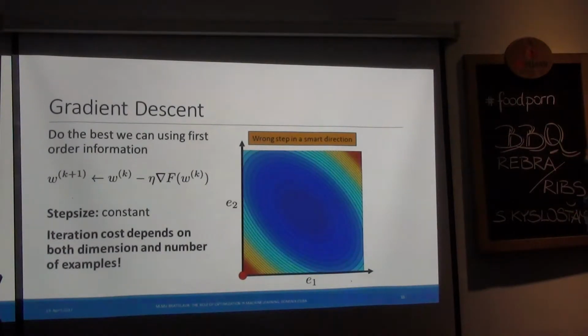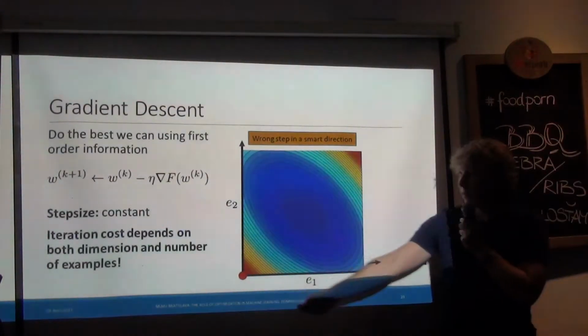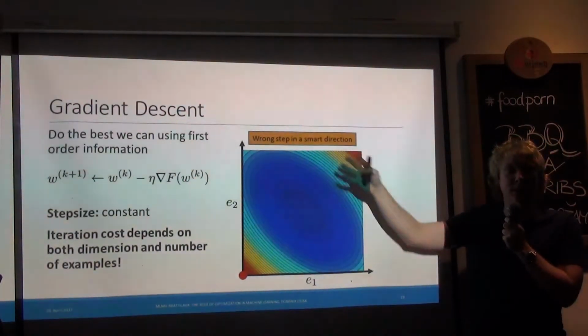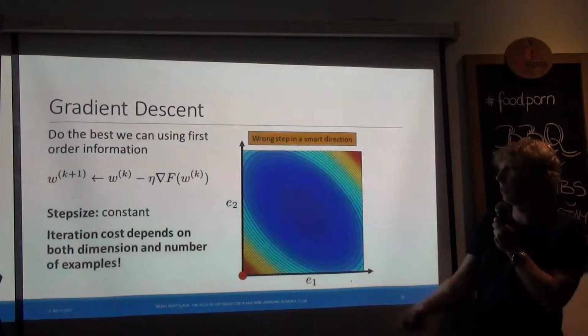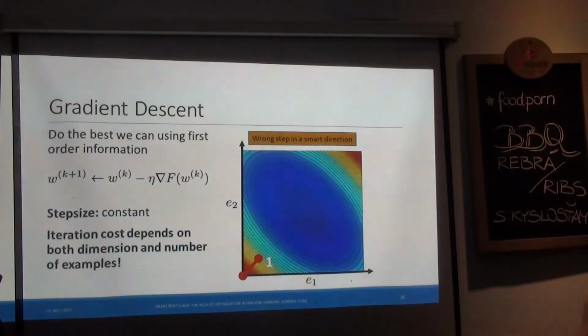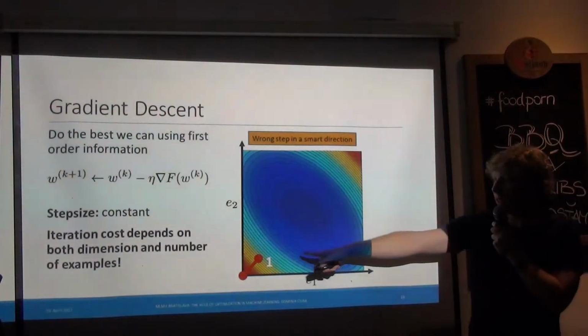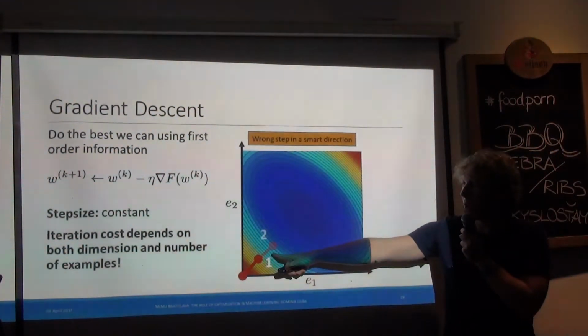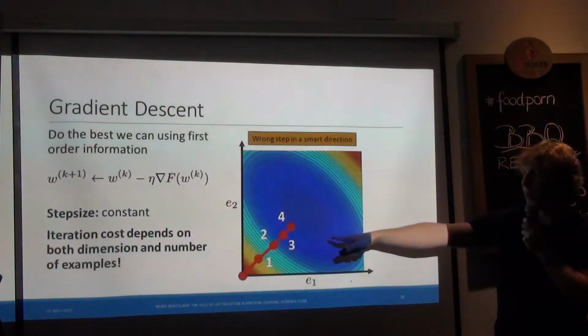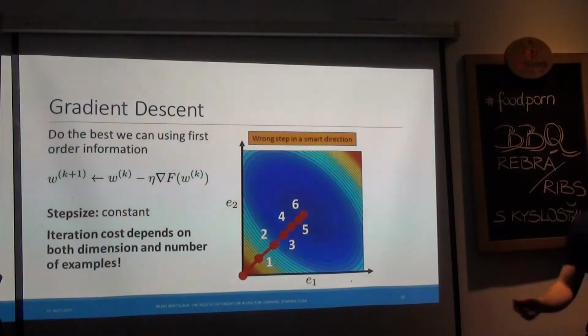So how does it look? We are starting here, and here is the bottom. Think about this as contours on a map, right? We just take the gradient, look down the slope, and take a step. Step, step, step, step, and we hit the bottom. That's it.